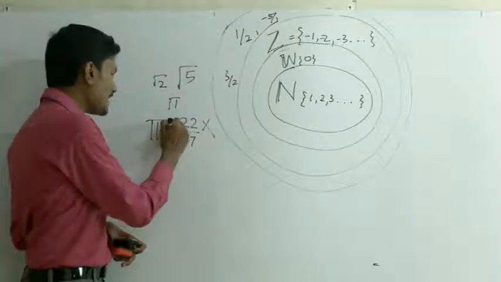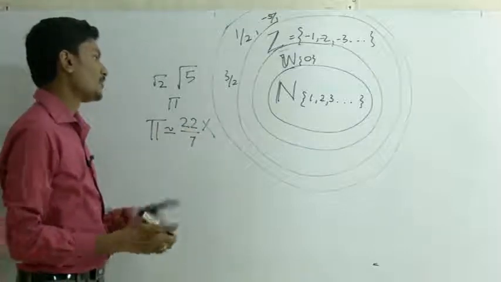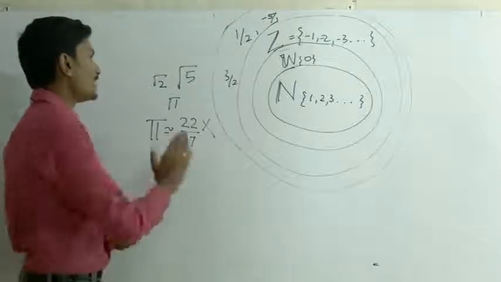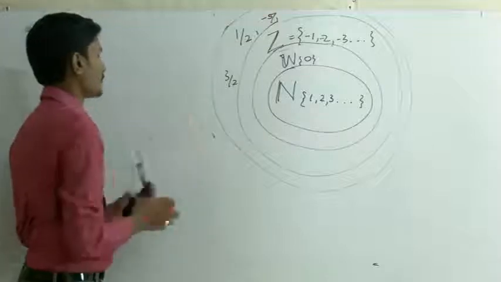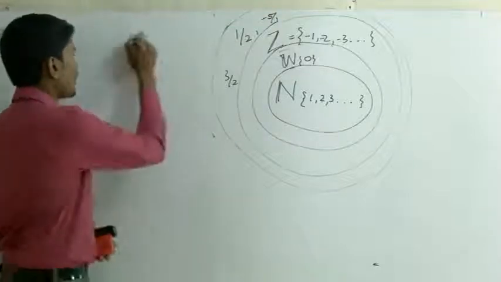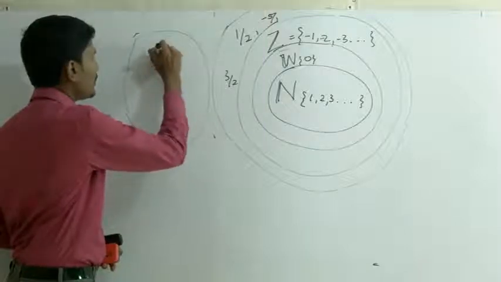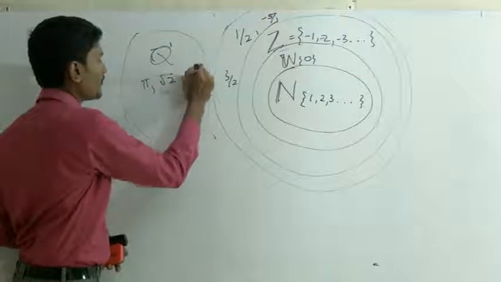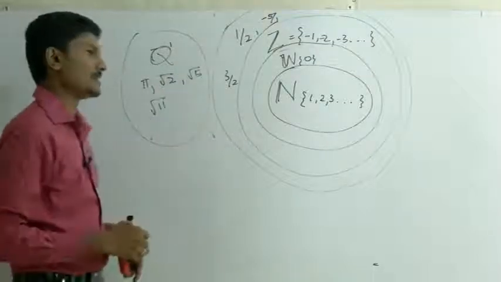This is nearly equal to 22 by 7. So, pi is an irrational number. So, we have another set, irrational numbers, denoted Q dash, as pi, root 2, root 5, root 11, all these are irrational numbers.